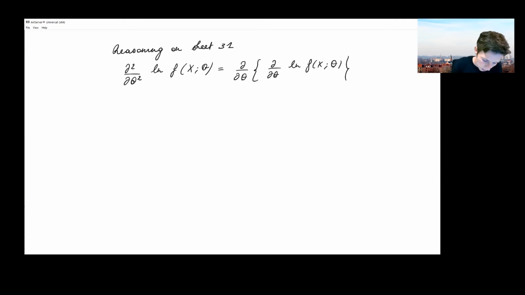If I work out this first derivative, I'm actually going to work with the derivative with respect to theta of 1 over the density times the derivative with respect to theta of f itself, right?